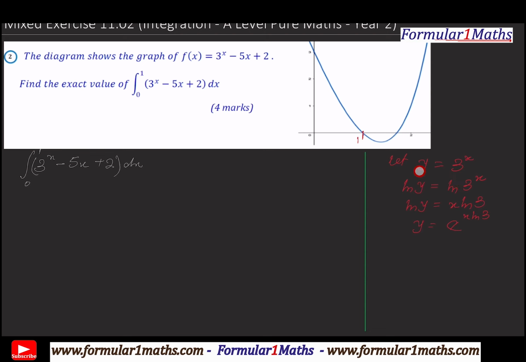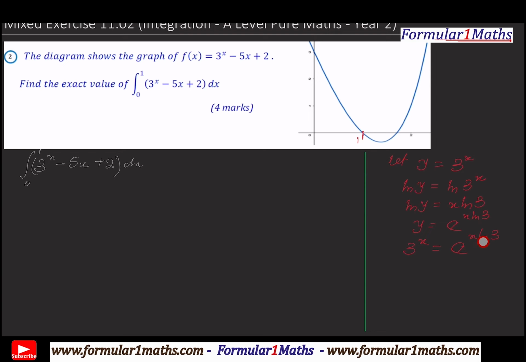But we know that y is equal to 3 to the power x. It means that we can replace this with 3 to the power x, and we are going to get 3 to the power x is equals to e to the power x ln 3. So we can now replace 3 to the power x with e to the power x ln 3.